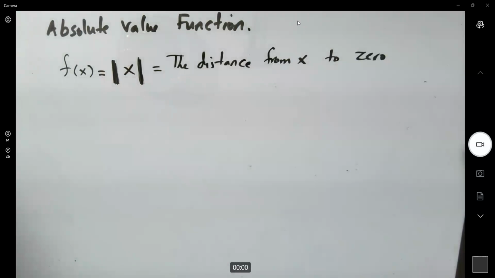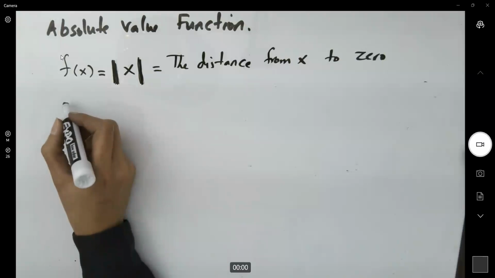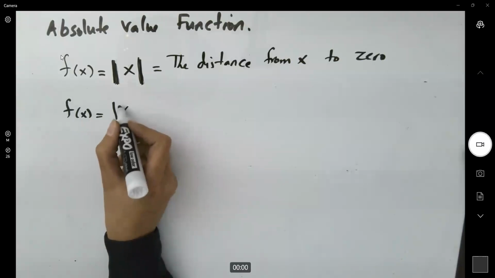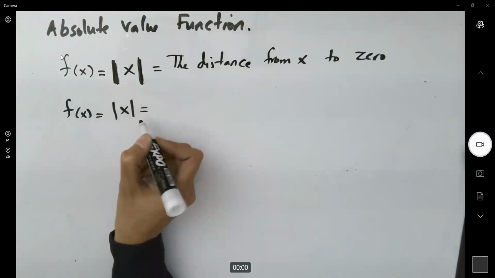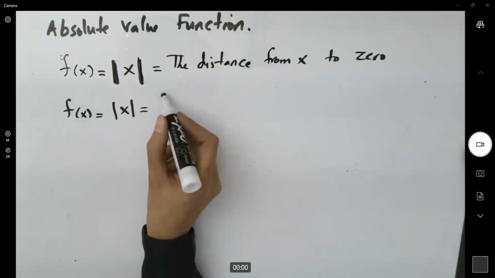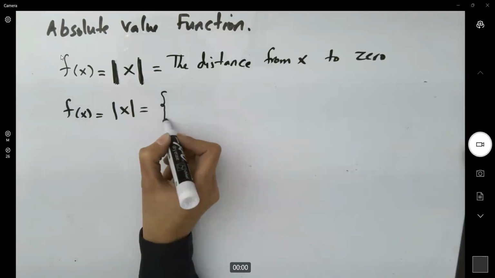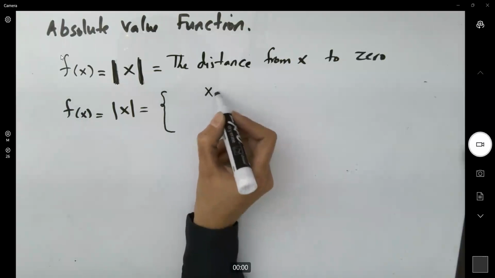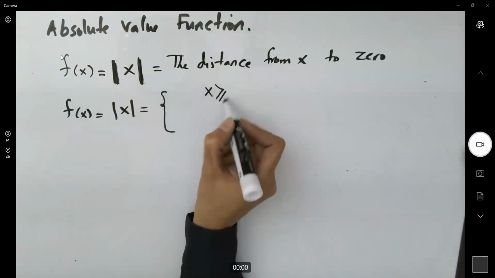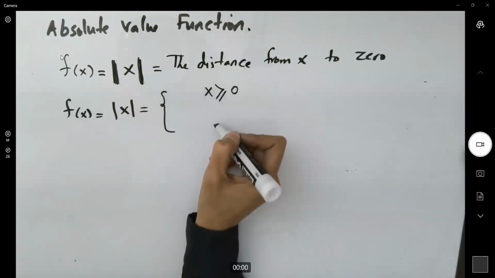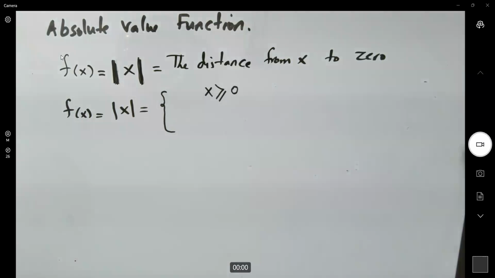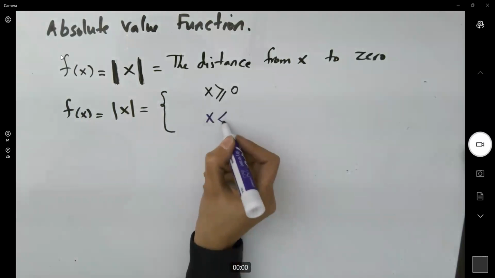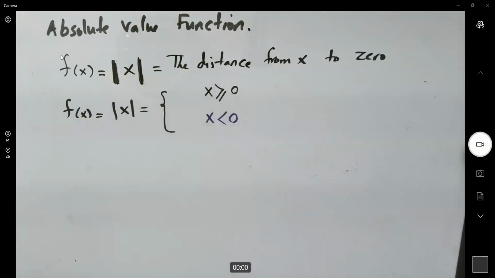Mathematically, we say that the absolute value of x is a piecewise defined function. It has two pieces. One piece is when x is larger than or equal to 0. The other piece is on the left-hand side of the domain, where x is less than 0.